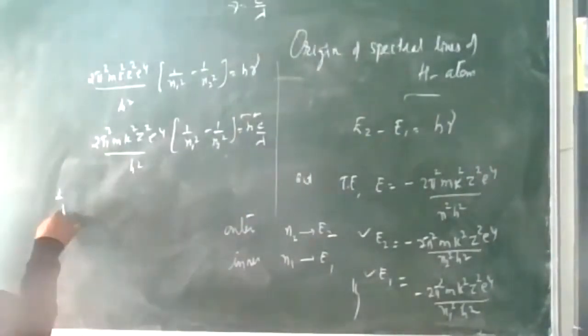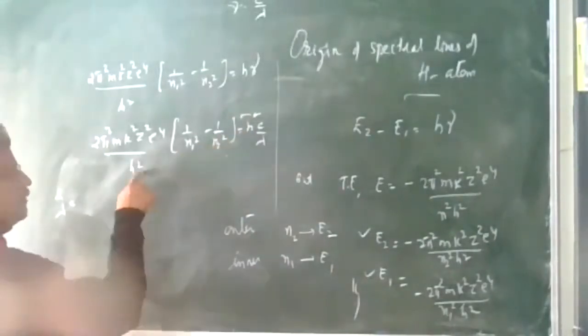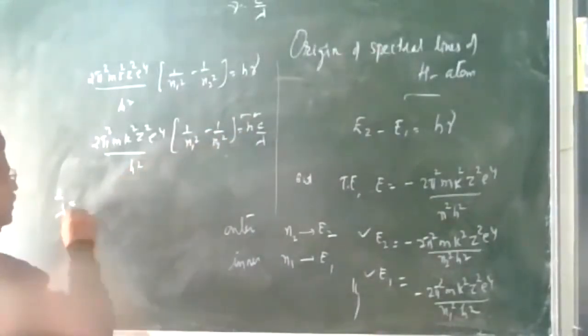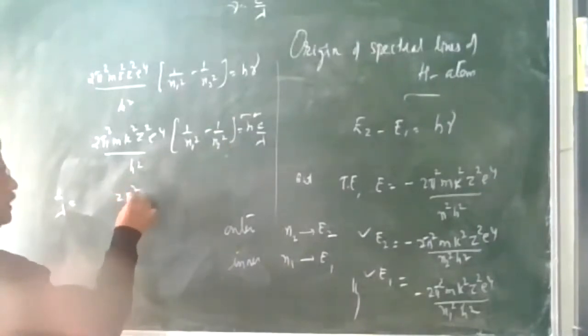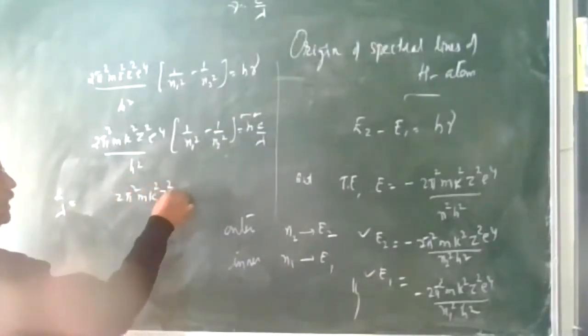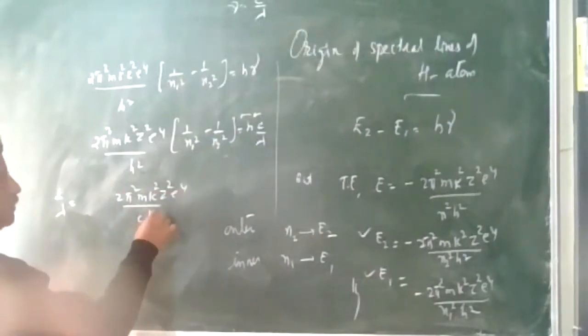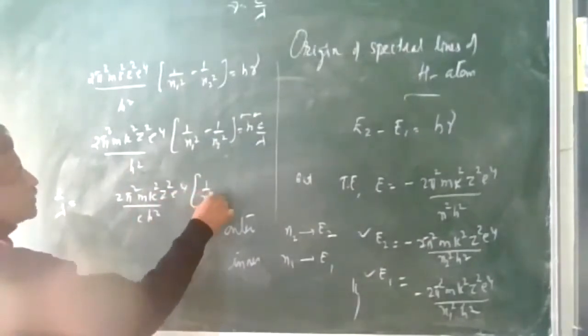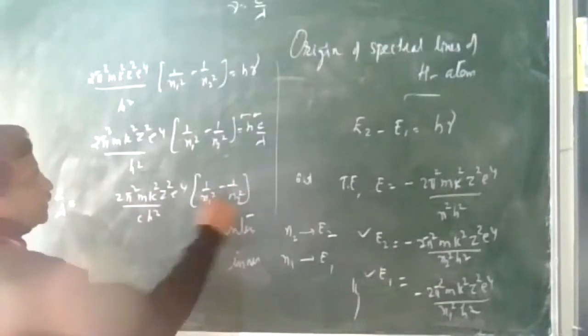So 1 by λ is equal to 2π² m k² z² e⁴ divided by h³ c into 1 upon n1² minus 1 upon n2².